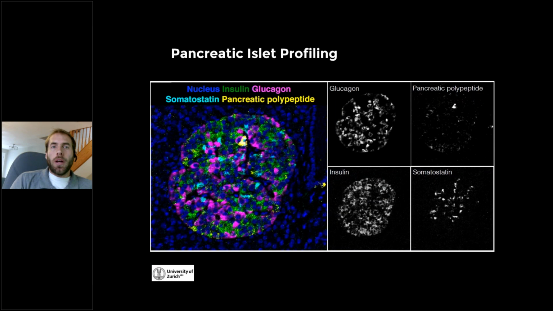And then the final example of some customer generated data that I like to present and go over is pancreatic islet profiling that was published in Diabetes, looking at type 1 diabetes patients, that came out a few years ago. And one of the reasons I like highlighting this study is because it's very hard to get your hands on type 1 diabetes tissue.